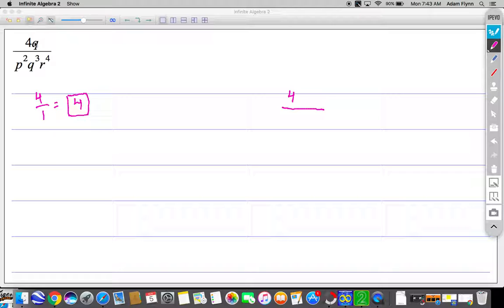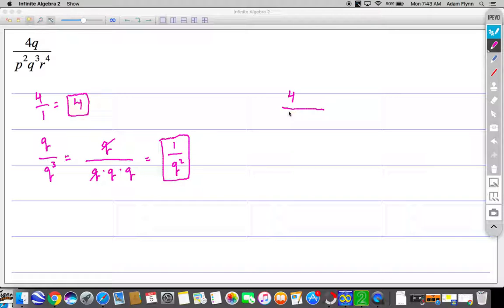I'll take care of my q's next. So I've got 1 q in the numerator and 3 q's in the denominator. Since that'll give me a negative number, I can rewrite it as q over q times q times q. These q's cancel, so I'm left with 1 over q squared, which will be part of my solution.